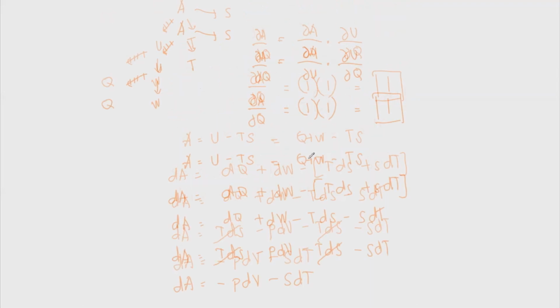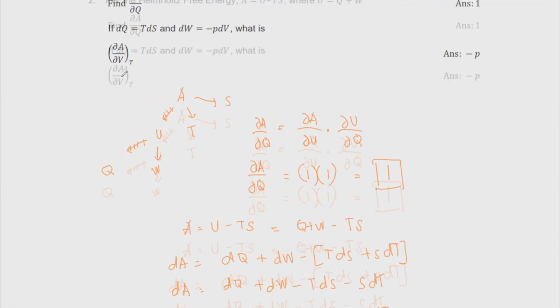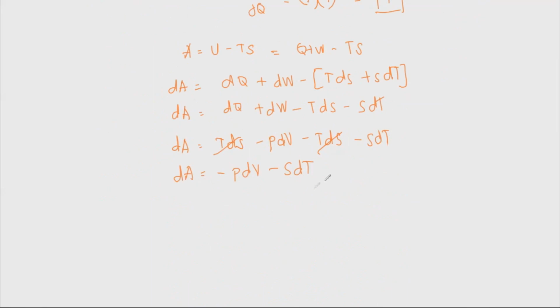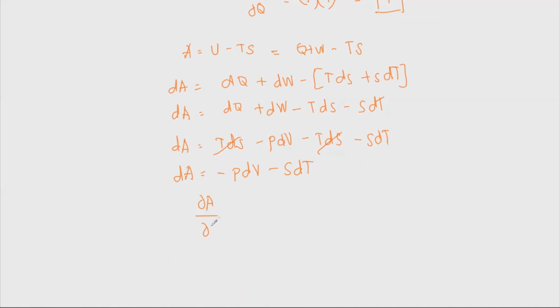And the question is, we need to take the partial derivative of A with respect to V at constant temperature. So doing that here, the partial derivative of A with respect to V, I'm sorry, let me just check it, V. So if we set V as the differentiating variable, we need to take the temperature as constant.